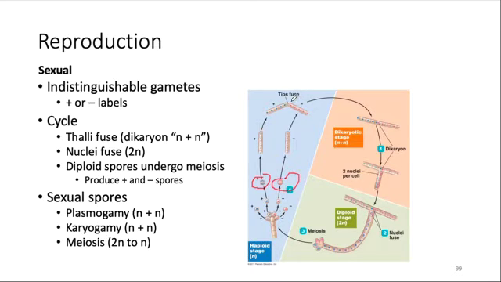This is what we call plasmogamy. So you have the two cells fusing together, and then the two nuclei fuse together, and that is karyogamy, to form a 2N. So N and N come together to form a 2N, and then once the 2N is formed, it will undergo meiosis to form haploid spores again. So that's the life cycle.